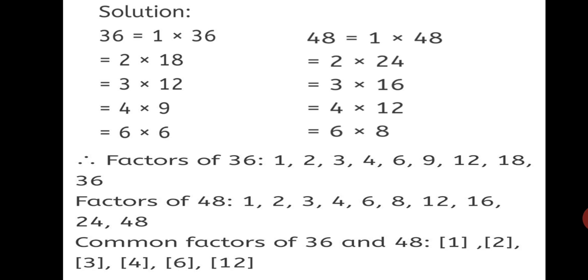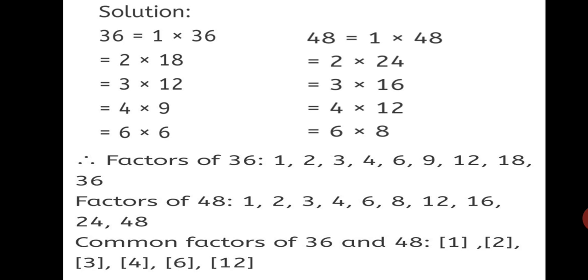So 2 into 24. 3 into 16, 4 into 12, 6 into 8. This way on dividing you get the factors, and then you can list down the factors of 48 from the smallest to the biggest. That is 1, 2, 3, 4, 6, 8, 12, 16, 24, 48.